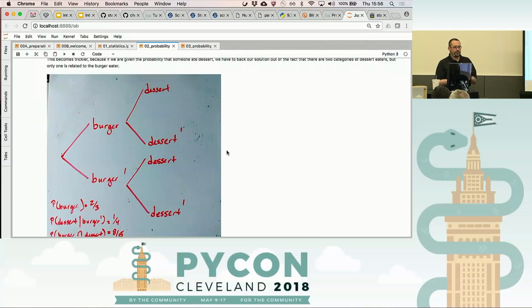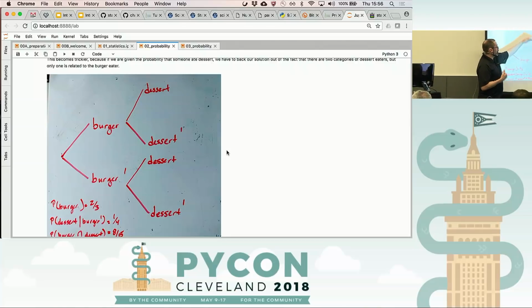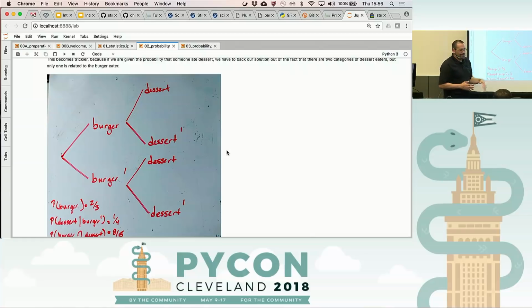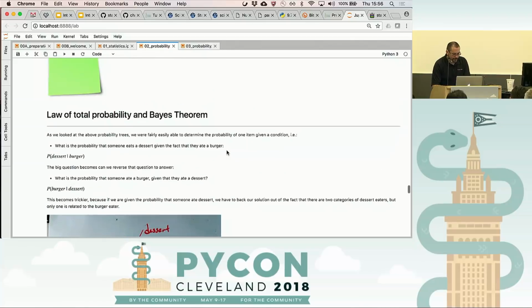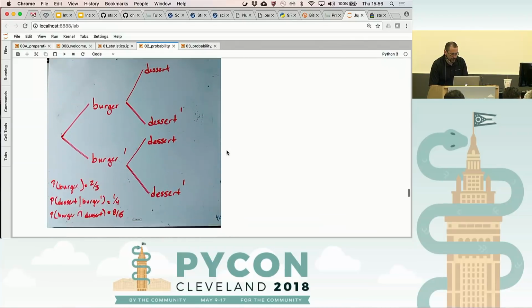How do I determine the probability of whether he ate a burger or didn't? Because if he or she says, I ate a dessert, I may know this value, like my friend is either on this branch or on this branch, but I don't want to pry. I would like to figure out the likelihood that they ate a burger. How do we get back to that? That's where the law of total probability and Bayes' theorem come into play.